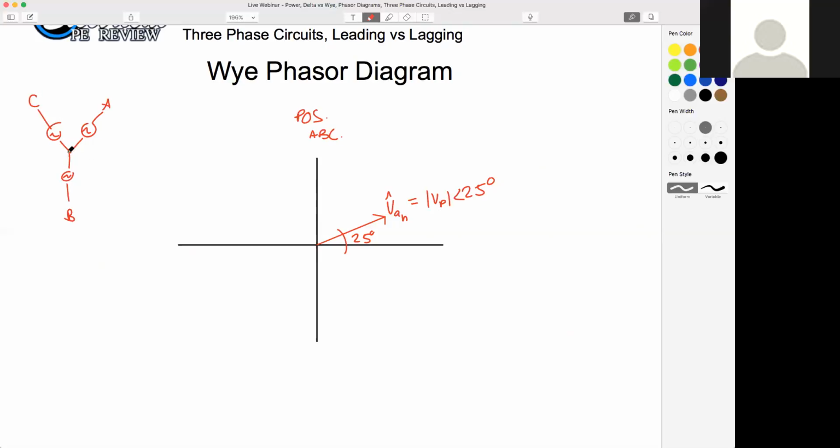This is my neutral. Who can find for me on this phasor diagram, where would my plus VCN be? So this phase voltage right here, where would that be on this phasor diagram? Greg said 145. Anyone else?